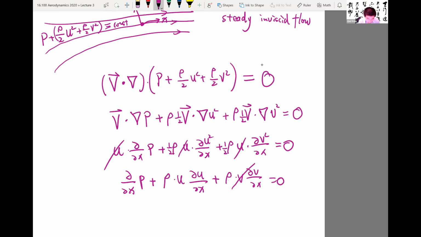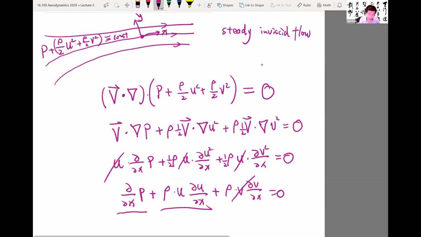So what we have is essentially the x derivative of p plus rho u times du dx, which in this case is the directional derivative of the x momentum equal to 0. So Bernoulli's equation is actually just momentum conservation in the direction of the streamline.